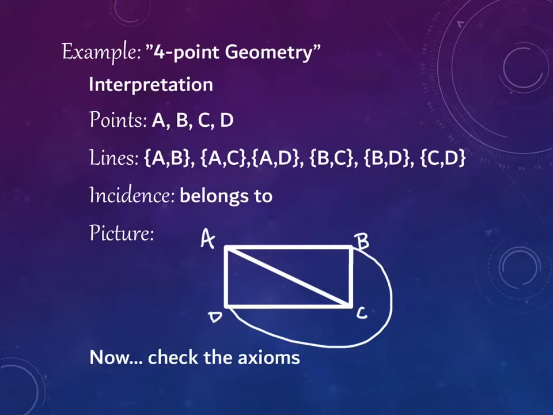Incidence axiom number 2, somebody else read that one for us. For every line L, there exists at least 2 distinct points incident with L. Fantastic. For every line, and I have them written out, there's at least 2 points on them. Well, that's how I defined them, so we're good to go on that one. So incidence axiom 2 holds. Somebody read incidence axiom 3 for us.